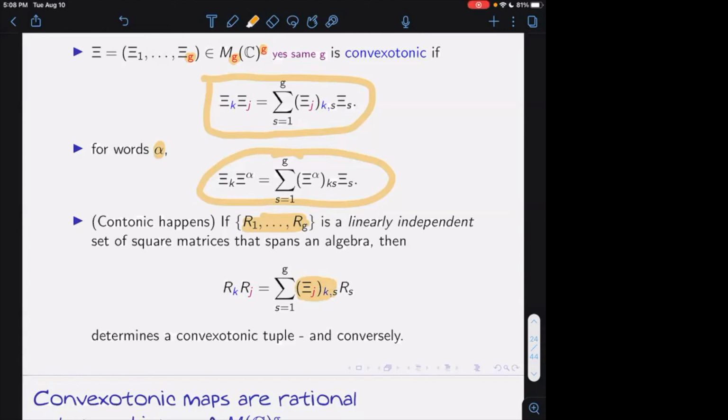And if you have a convexitonic tuple, that tuple spans an algebra, and that tuple has its own structure constants. Okay, so that's the notion of a convexitonic tuple.